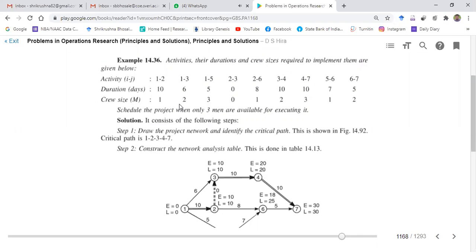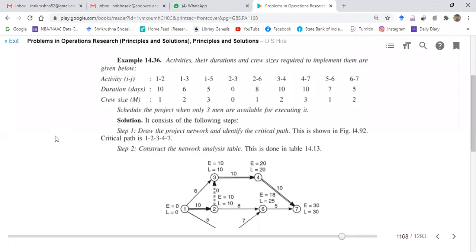So this particular thing is given, and in this project it is given to you that you have to schedule the project when three workers or three men are available for executing it. So you have only three workers on that project, and this is the activity and crew size chart. Some of the activities require zero workers.